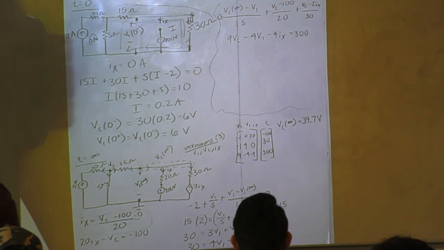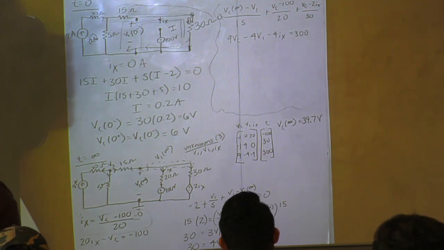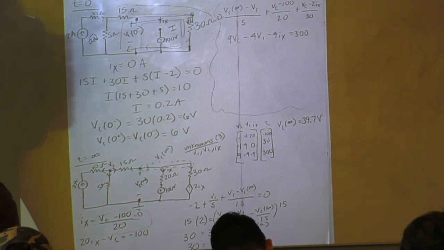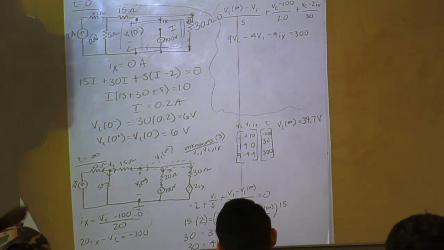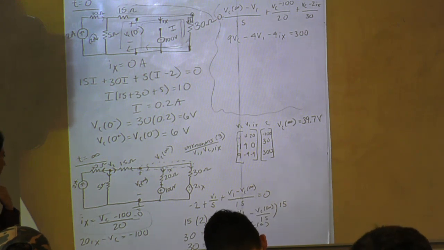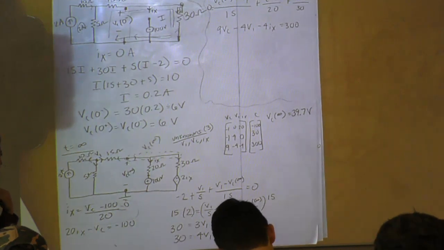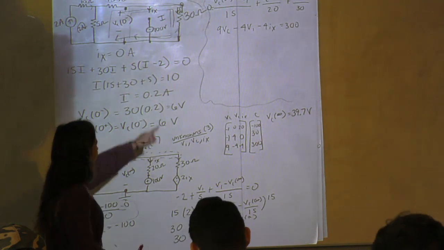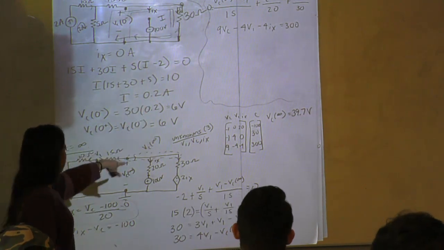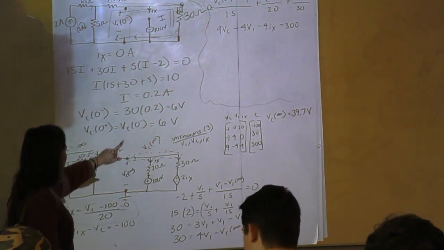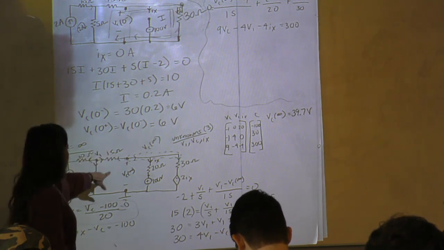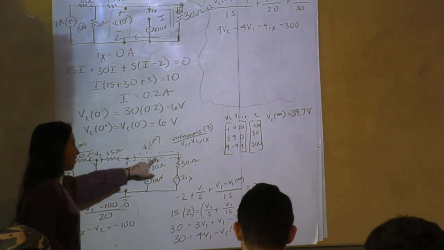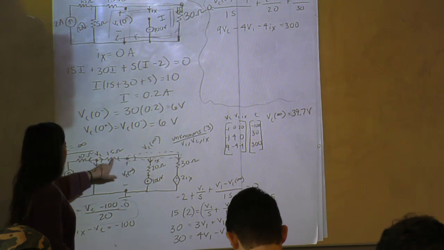Does anyone have a question about how I found Vc of infinity? Yeah? Which part? After I understand what you did to get the equations down there. Down this one? Yeah. I did, this node is Vc, right? So I did this current.